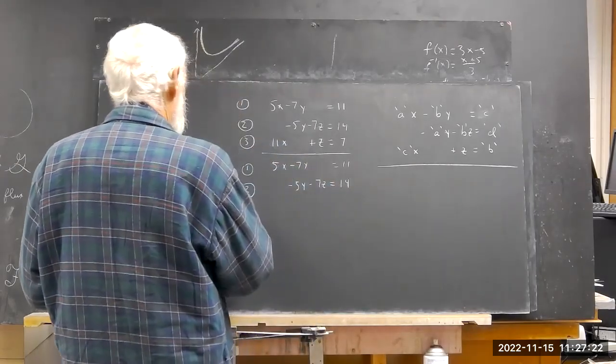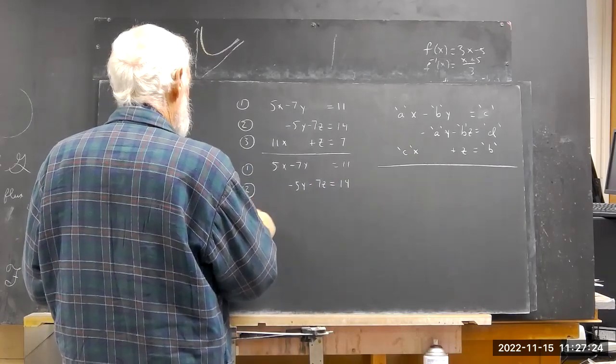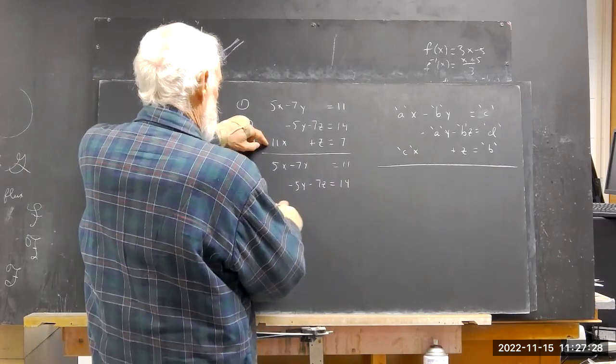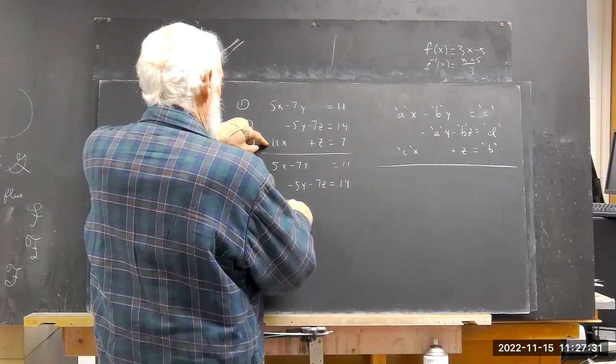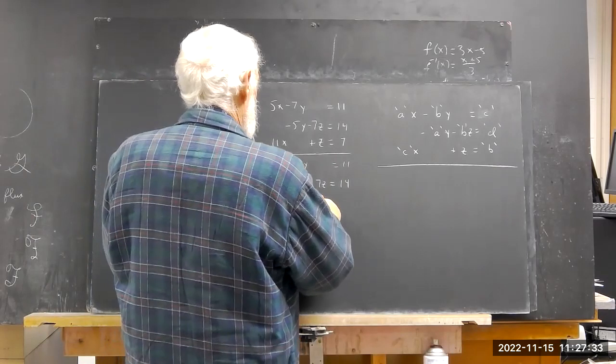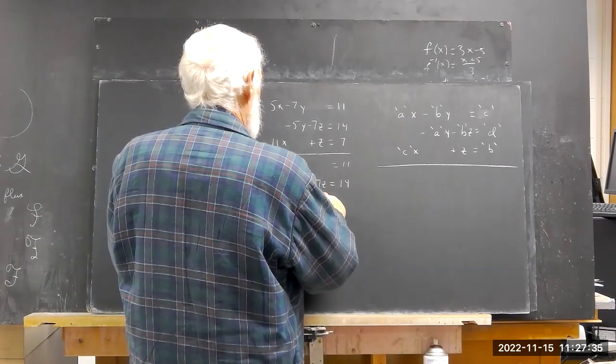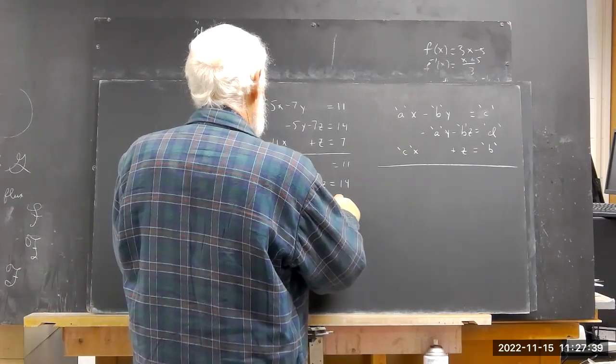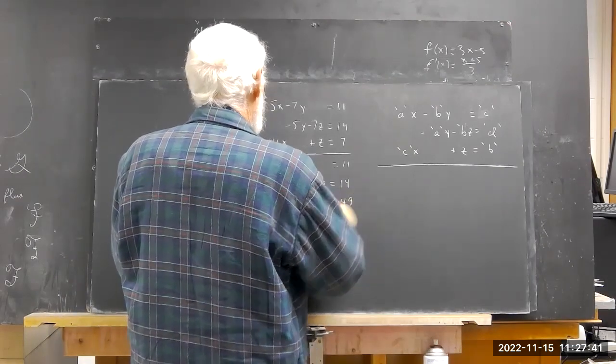Equation 3, I'm going to multiply it by 7, which is going to give me 77x plus 7Z equals 49.